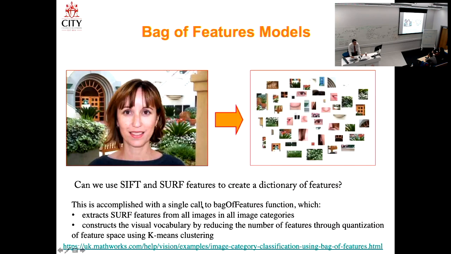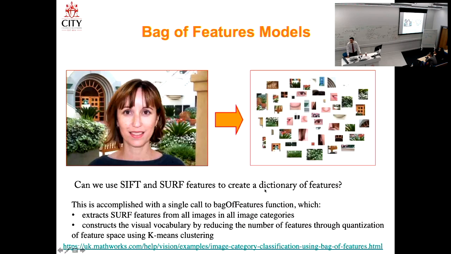So in MATLAB, there is a function called bagOfFeatures. What does it do? It extracts SURF features from all images in all image categories and constructs the visual vocabulary by reducing the number of features through quantization of feature space using k-means clustering.